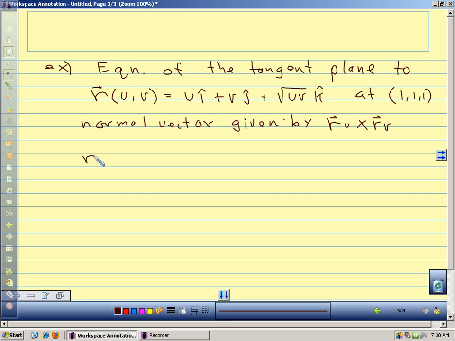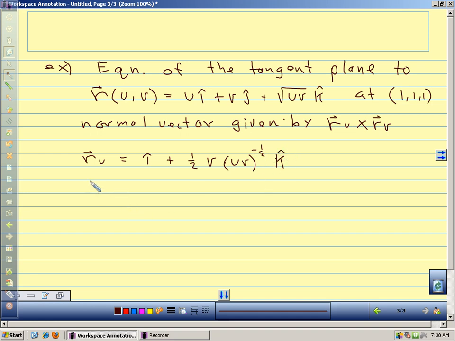So the partial of r with respect to u is what? i hat, and then 1/2 v square root of uv to the negative 1/2, right. And that's our k component.